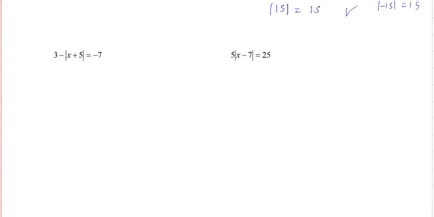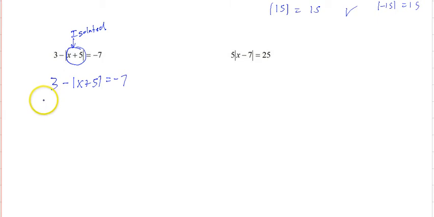So let's look at these. These don't have that straight absolute value that we need. So what we have to do is isolate it. This right here needs to be isolated. And the only way to do that is to solve. So in order to get this all by itself, these two need to go away.